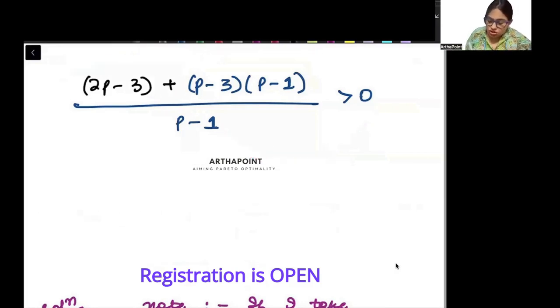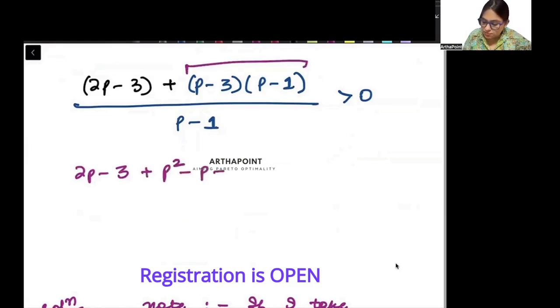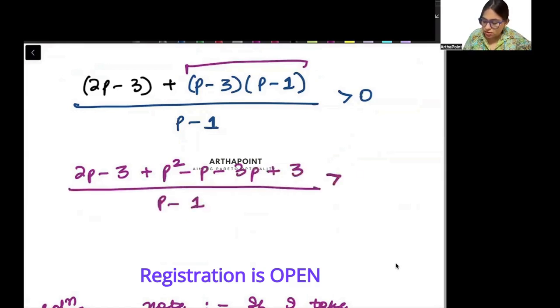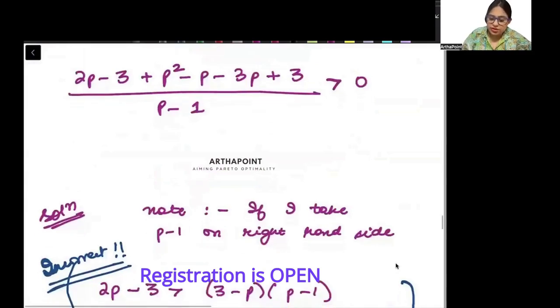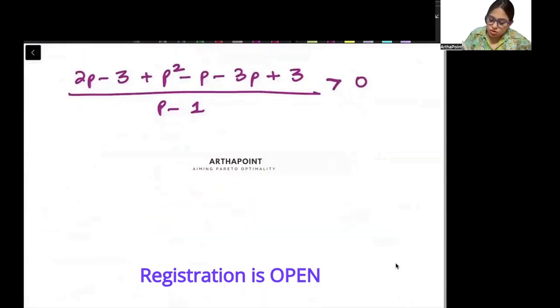So this will give me 2p minus 3 plus, I will open this up, beta. This will give me p square minus p minus 3p plus 3 upon p minus 1 greater than 0. Right? So this will give me p square. Beta, this is 3 and 3 will cancel.